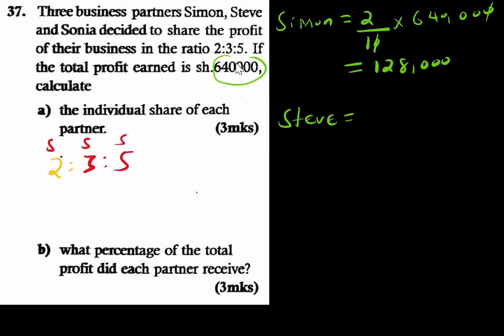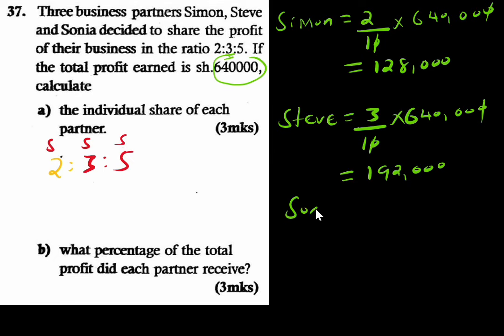We go to Steve. His ratio is 3. So it is 3 over 10 multiplied by 640,000. The zeros cancel, and if you multiply 3 times 64,000, the answer is 192,000 shillings. And then finally Sonia, his ratio is 5.